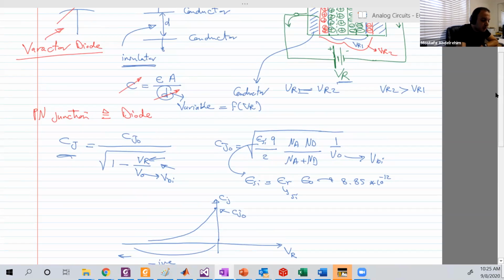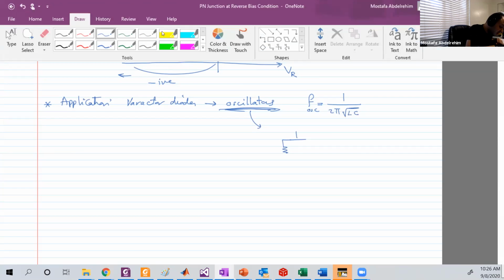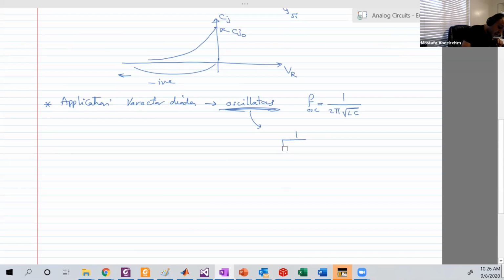Okay. So just one little note here. Usually the oscillation frequency is equal to 1 over 2 pi square root of LC, the inductance multiplied by the capacitance. And this oscillator is based on something called resonance. I don't know if you studied such a thing or not, but this is not our topic here, and we don't even need to study it in detail.